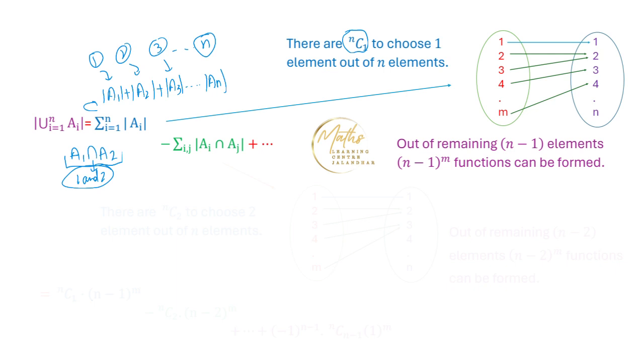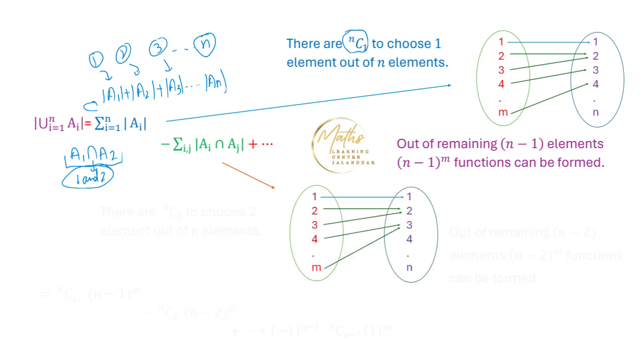Similarly, when we are talking about the second term, we consider the case in this way. First of all we have to choose any two elements out of this set. Suppose I choose the elements 4 and n, or I can choose 1 or 2, or 2 or 3.